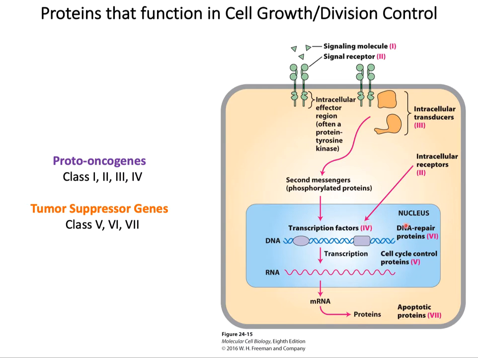So class 5 are the cell cycle control proteins, and these are negative regulators of the cell cycle. Then you have class 6, that is DNA repair proteins. Now, DNA repair proteins are not directly related to the cell cycle, but you can imagine that if you lose the ability to repair your DNA, so loss of function, you will actually acquire more mutations.